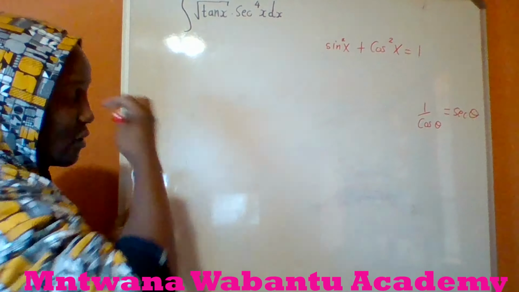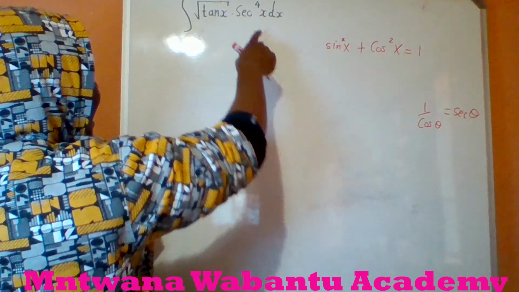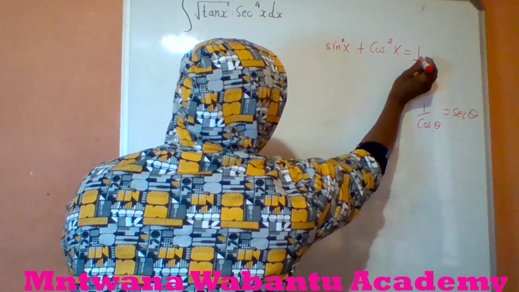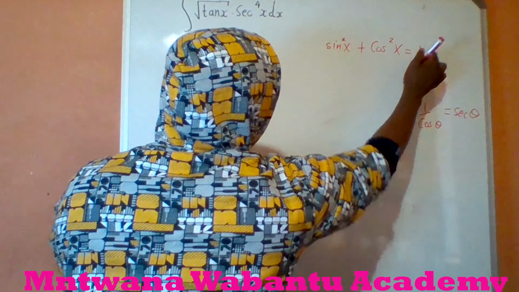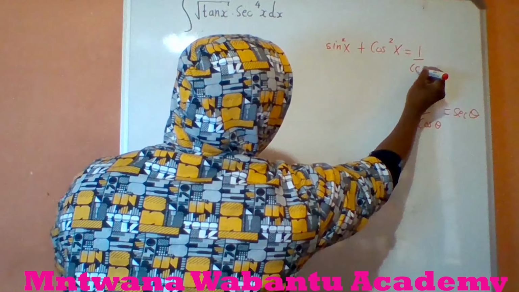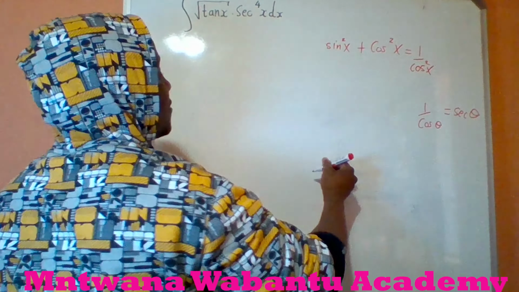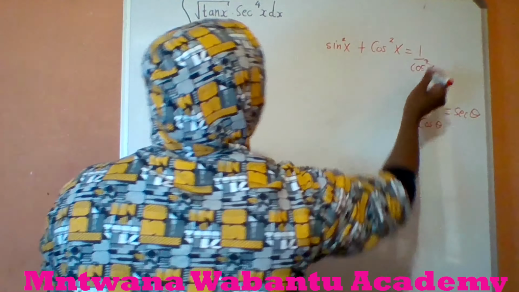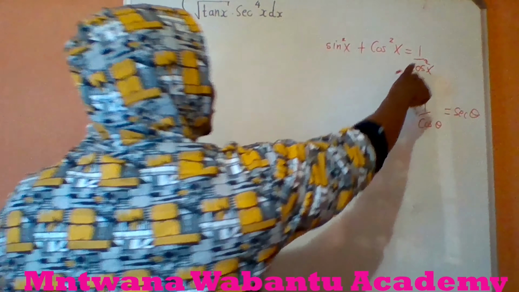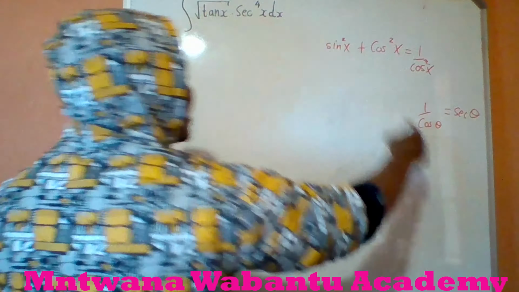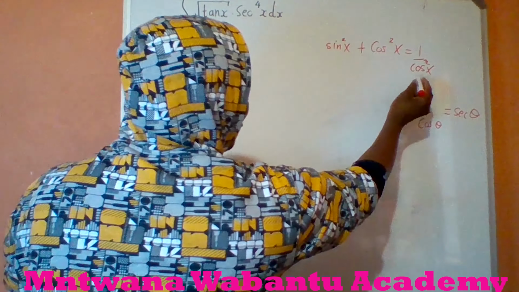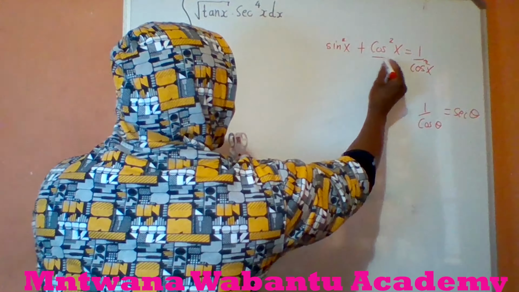So now, since I want to get sec, it means I'm going to say, okay, if I divide by cos square of x, because you see what I'm saying? 1 over cos square is going to give me sec square. But whenever you're going to divide here, you have to divide throughout.